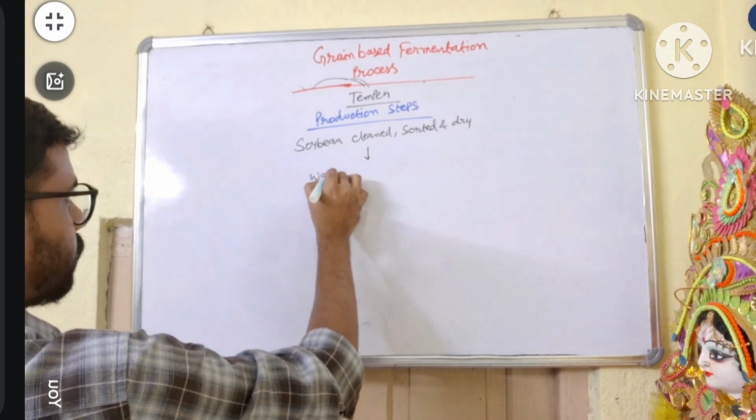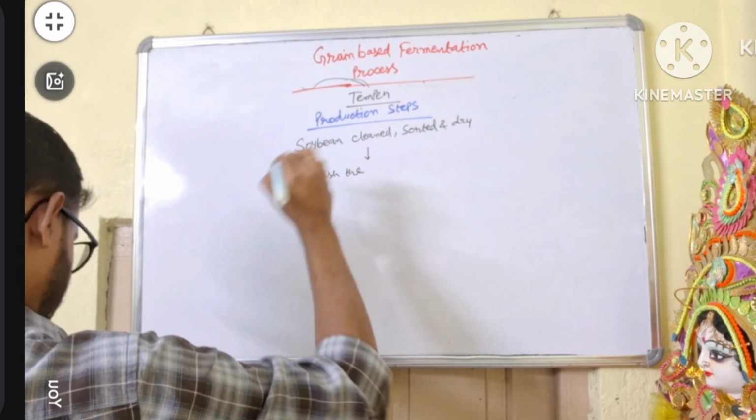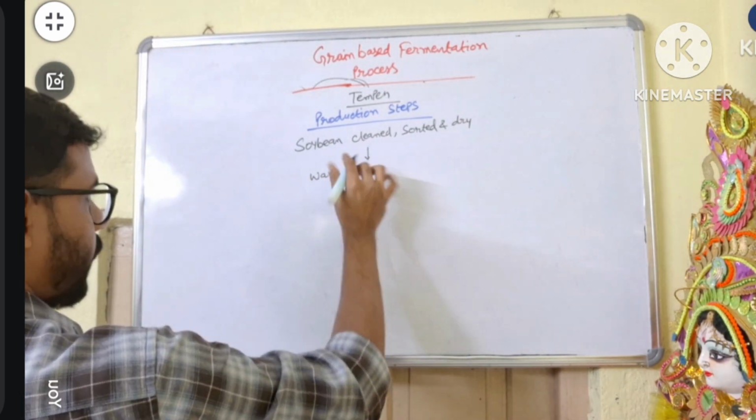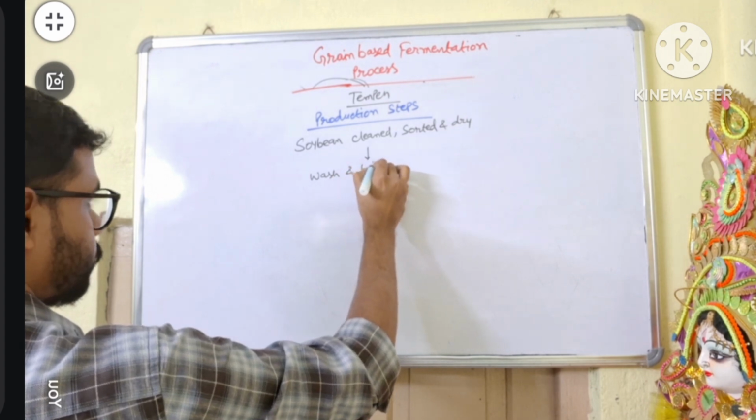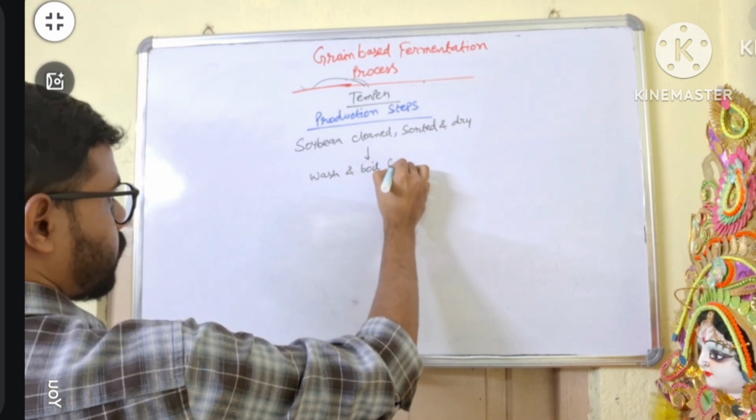Then wash the beans, wash and boil for 30 minutes.